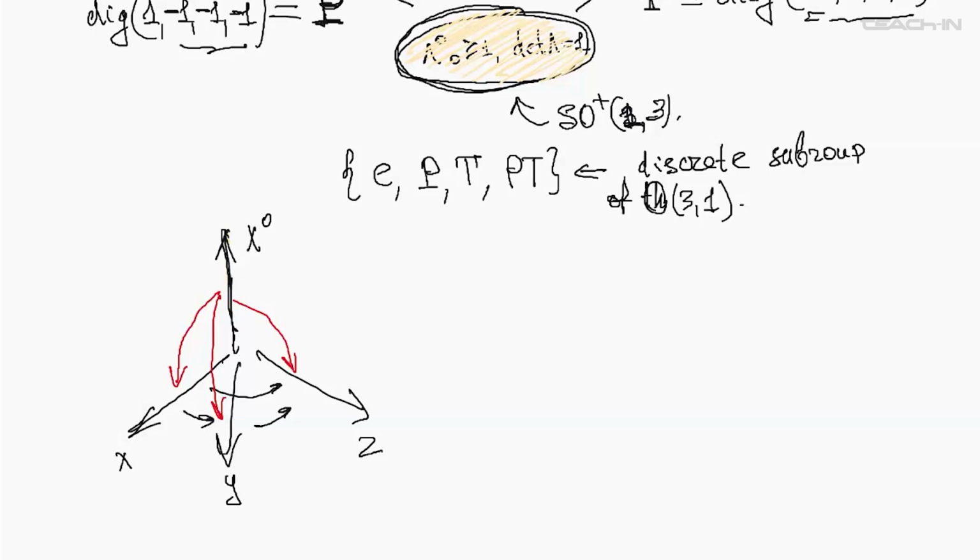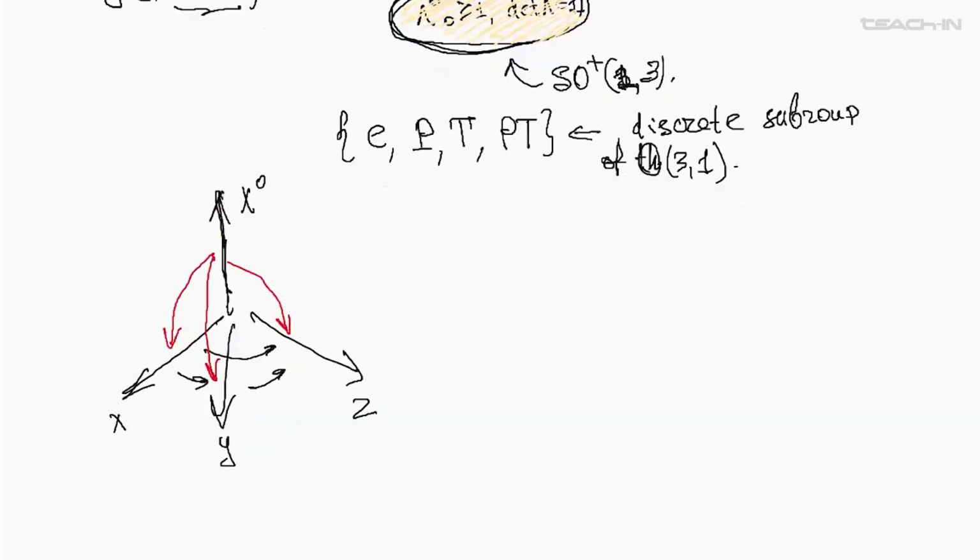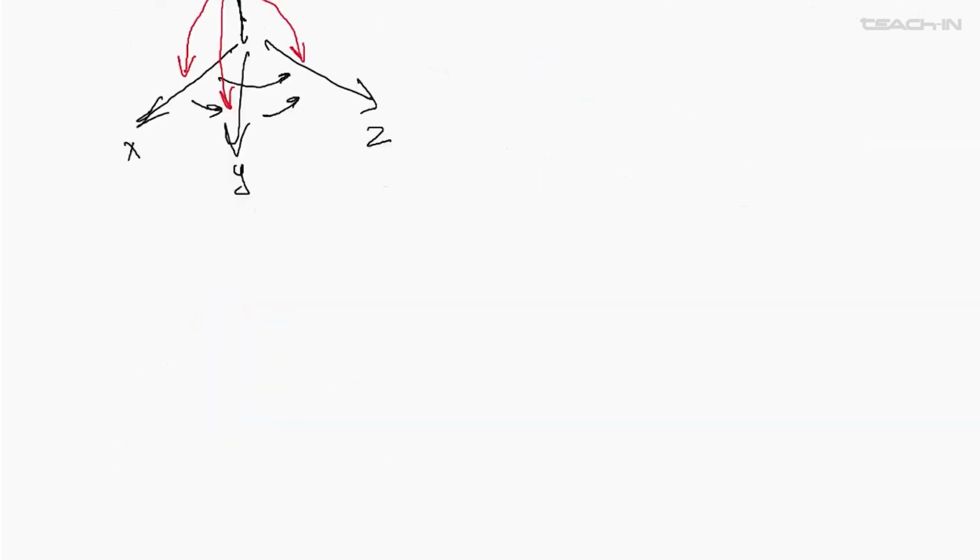Now, concerning rotations, I guess you have this in elementary courses on quantum mechanics, how to describe them. Let me just remind you how you can parameterize any rotation. You can do it by specifying the rotation axis, say n, and this can be done by specifying a unit vector.